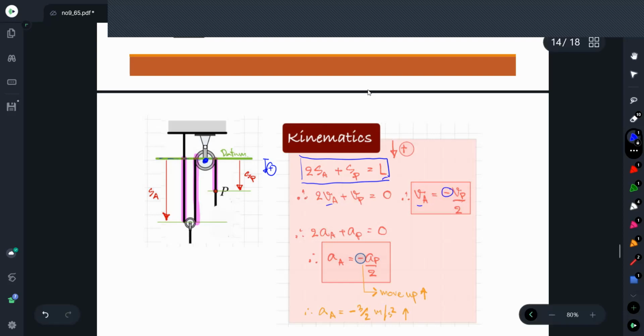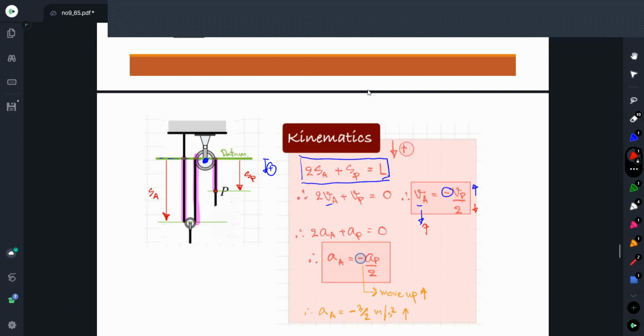The negative sign means that if VA goes down, P goes up. In the same manner, if VP goes down, VA goes up. It's opposite.